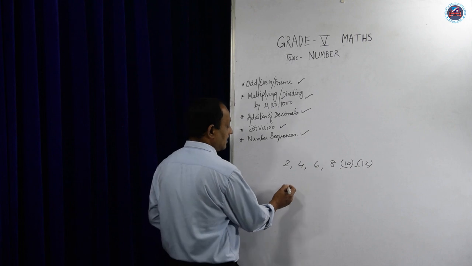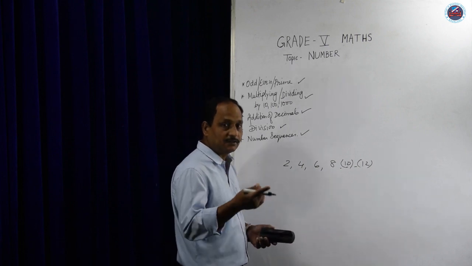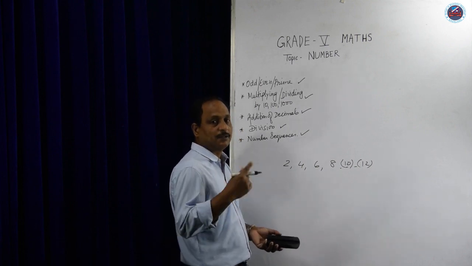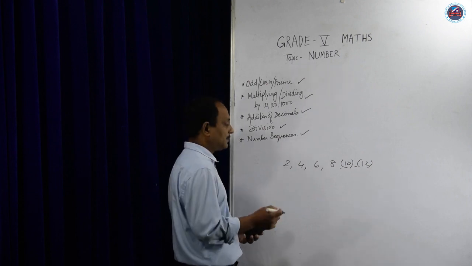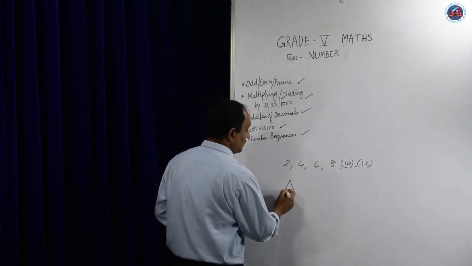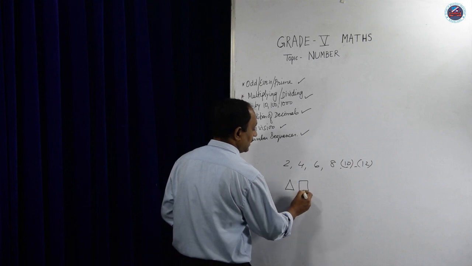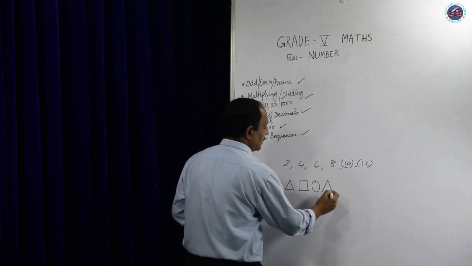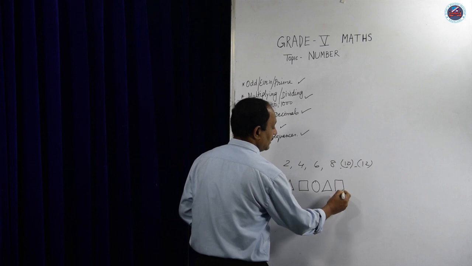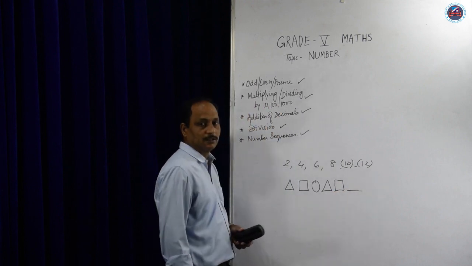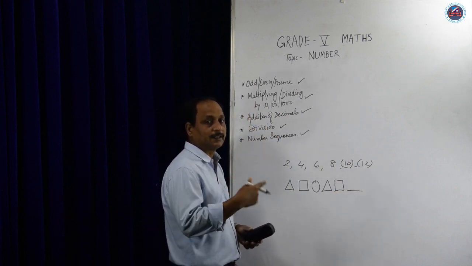It may be addition, subtraction or multiplication. Suppose I am taking one sequence: triangle, square, circle, triangle, square, what will be here? This is called a rule. They are connected with each other.